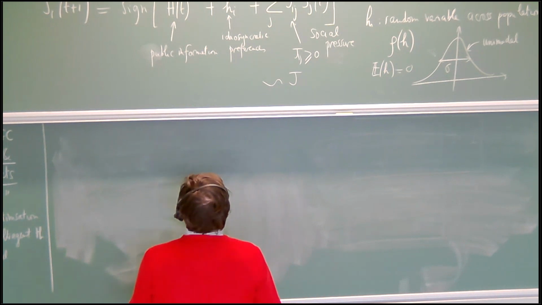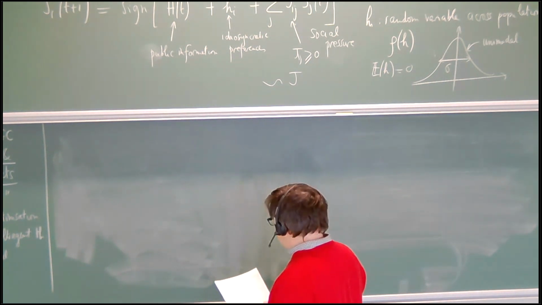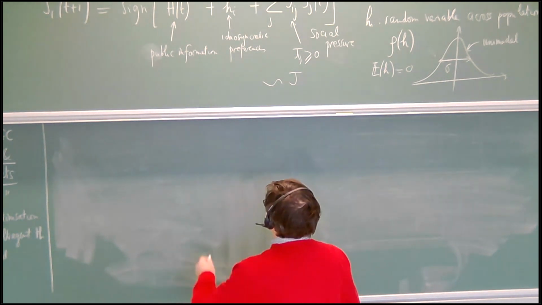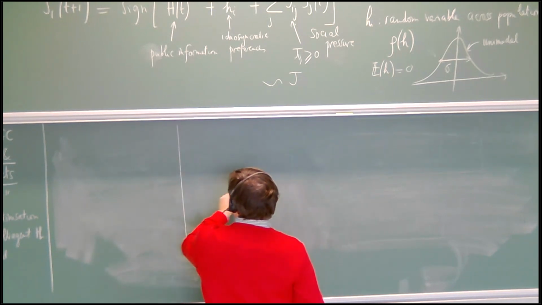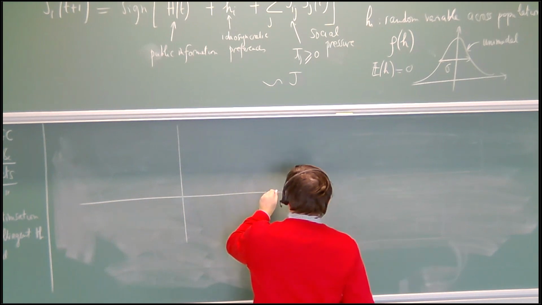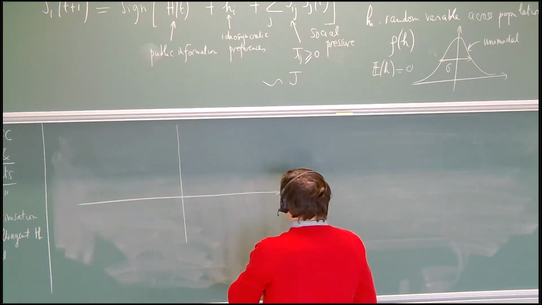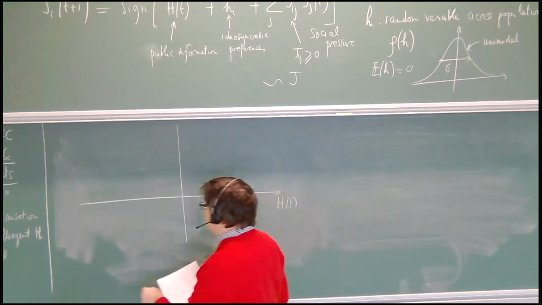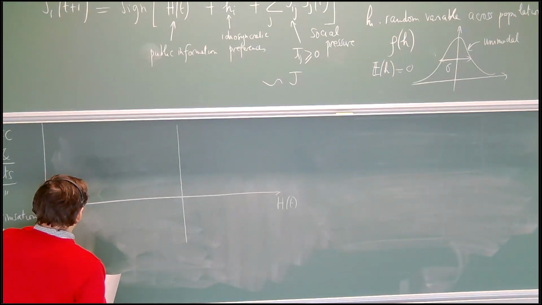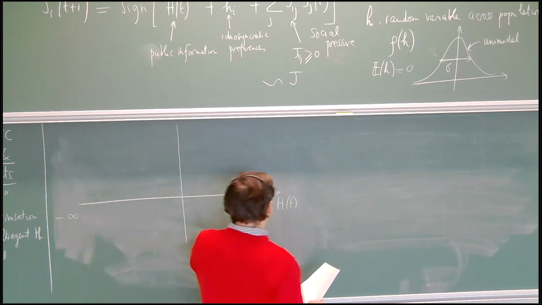Okay, so I'm going to first, as I said, just draw a graph and then explain how you can actually compute what's going on. So what I'm going to assume is that as a function of time, h of t starts at minus infinity and ends at plus infinity.